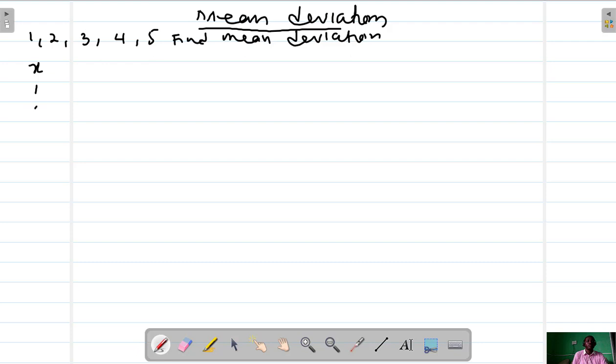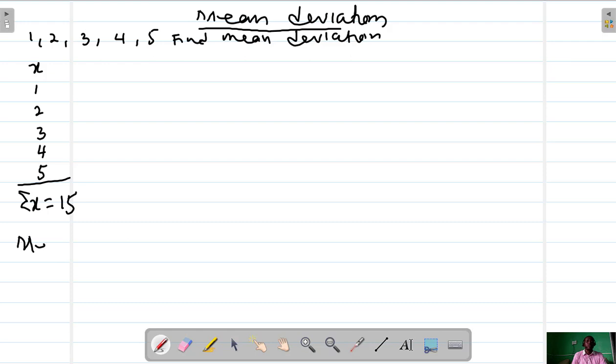So we have 1, 2, 3, 4, 5. So the sum of all the numbers, sum of x, will be 1 plus 2 is 3, 3 plus 3 is 6, 4, 10, 15. So we find your mean.